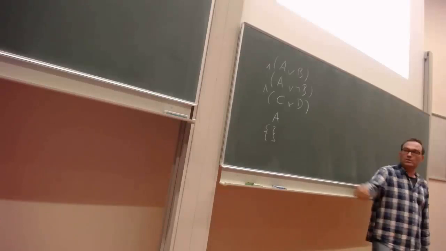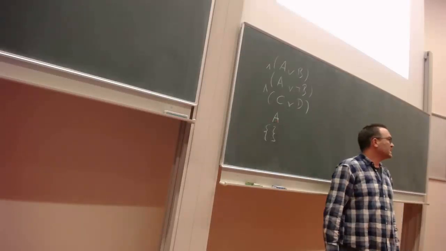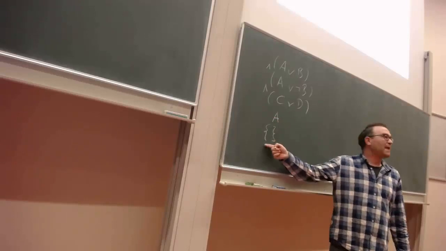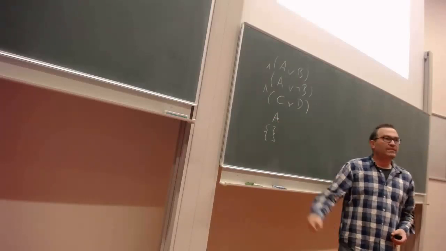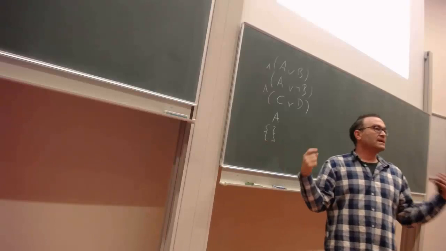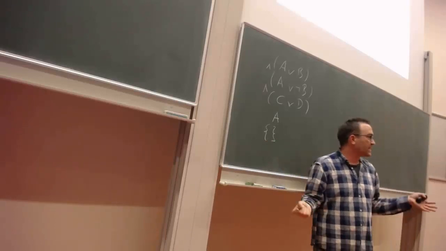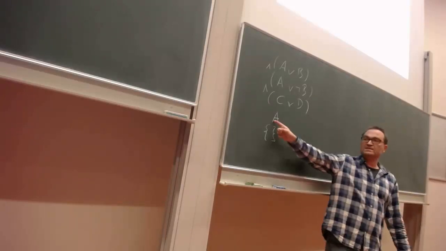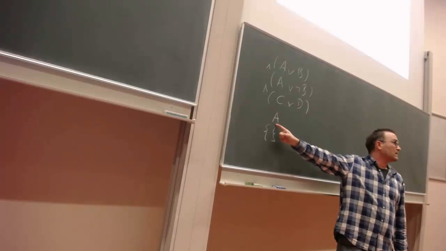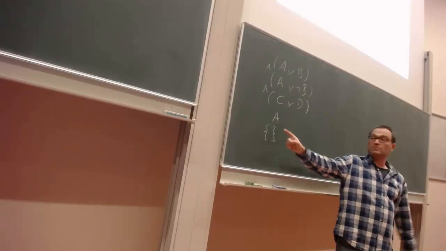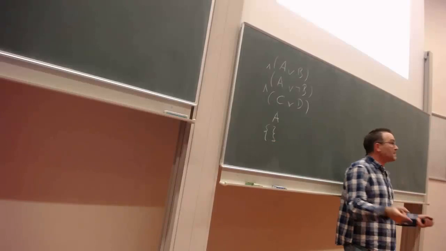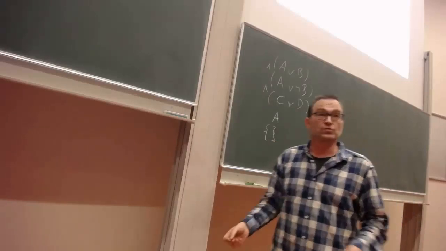So we have no A here. We just have an empty constraint. And this empty constraint means that it's always impossible to satisfy it. So here we satisfy our constraint by just getting A true. But if we have an empty clause, an empty constraint, we can never make it true.